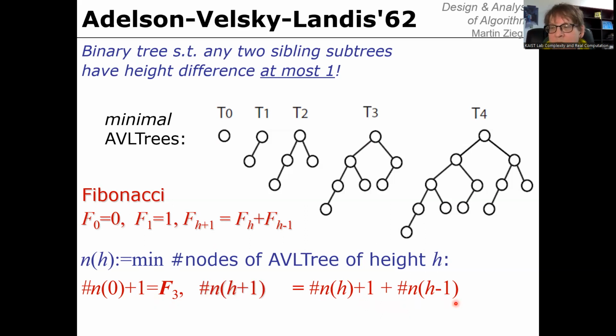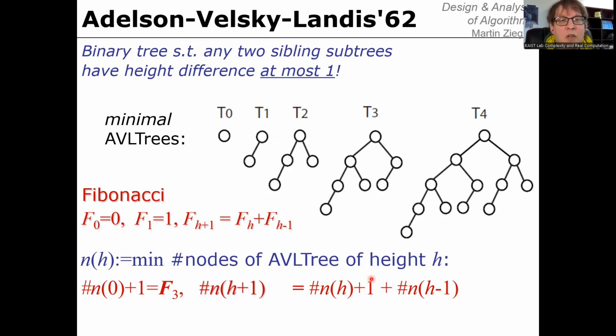So what you see here is that we can construct minimal AVL trees recursively: we take one minimal AVL tree of height h, and one minimal AVL tree of height h minus 1, and we glue them together by adding one additional root, as you see here. So this is our inductive analysis of minimal AVL trees.